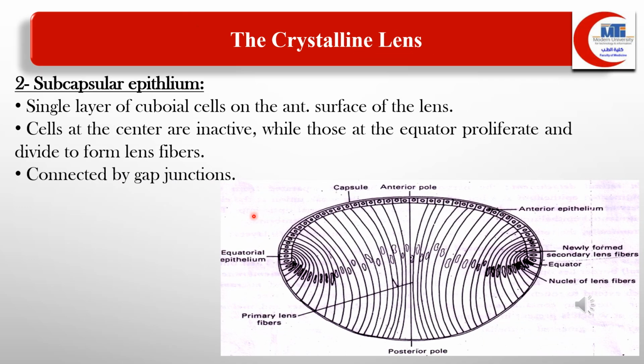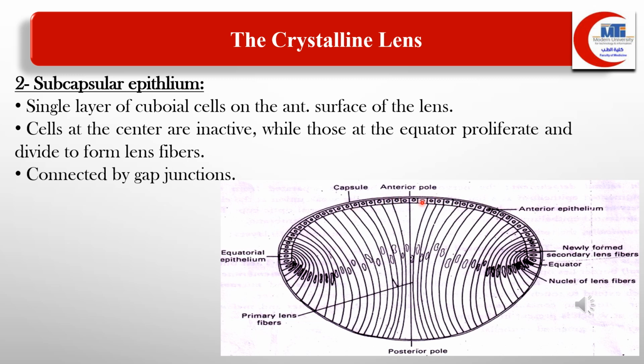The second structure is the subcapsular epithelium or lens epithelium. It is formed of a single layer of cuboidal cells, as we see here, cuboidal cells on the anterior surface of the lens only.